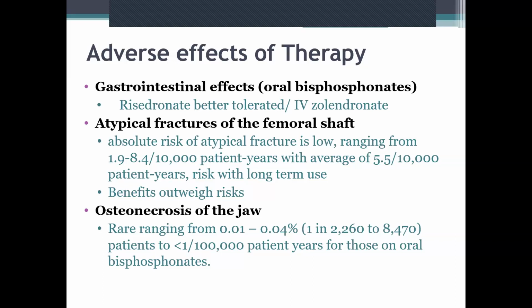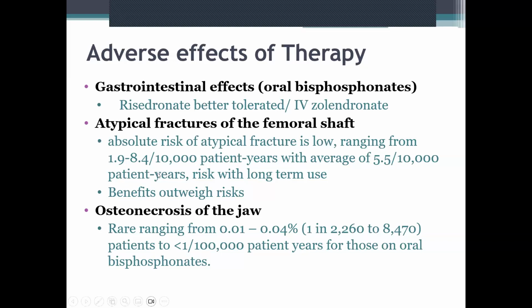The data actually shows that the absolute risk of atypical fracture is low. So it's 1.9 to 8.4 per 10,000 patient years with long-term use. And I mentioned that the anti-resorptive agents can be beneficial for up to 10 years. So with alendronate, we have data to say it can be beneficial for up to 10 years.